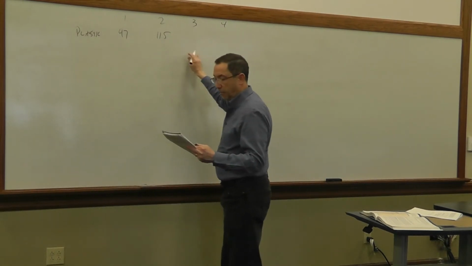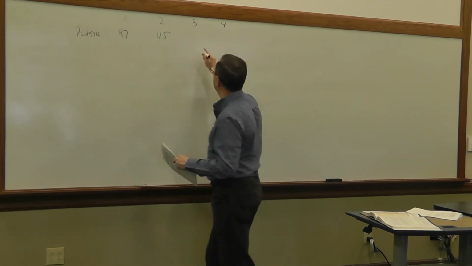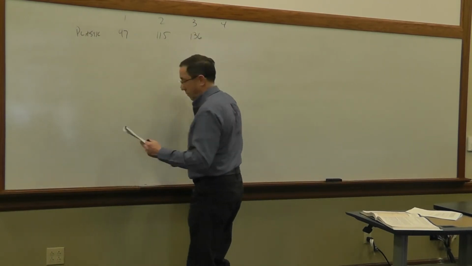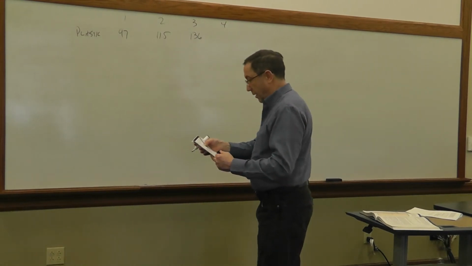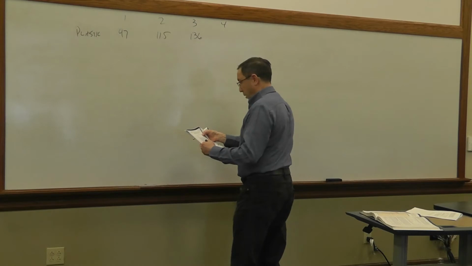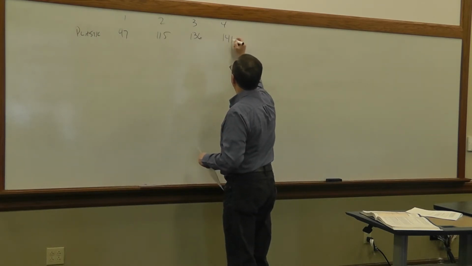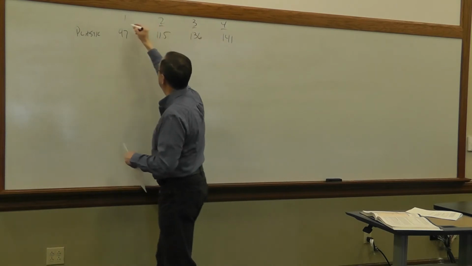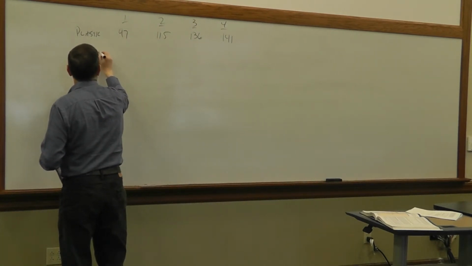Doing this in my head, so help me if I make a mistake. 55 and 17 is 72, 136. And for the last year, getting busy, 56, 18, 74, 130, 141, I think. Yes. Yep, is that a yep I heard?